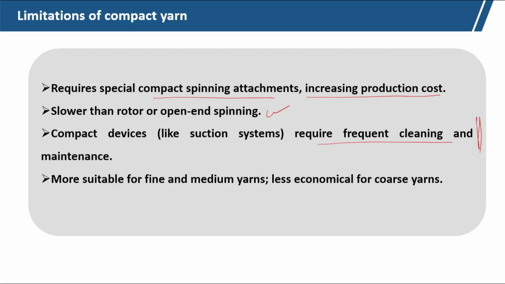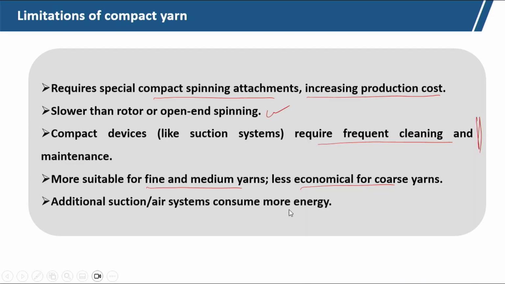It is more suitable for fine and medium yarn, less economic for coarser yarn. So, we use this compact yarn mainly for shirting purposes, where fine yarns are used. Additional suction and air system consumes more energy. So, energy consumption will be more, that means cost will be very high.